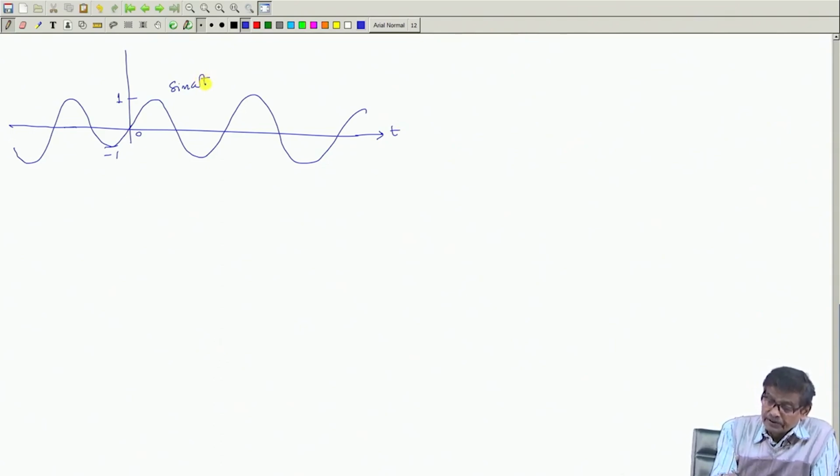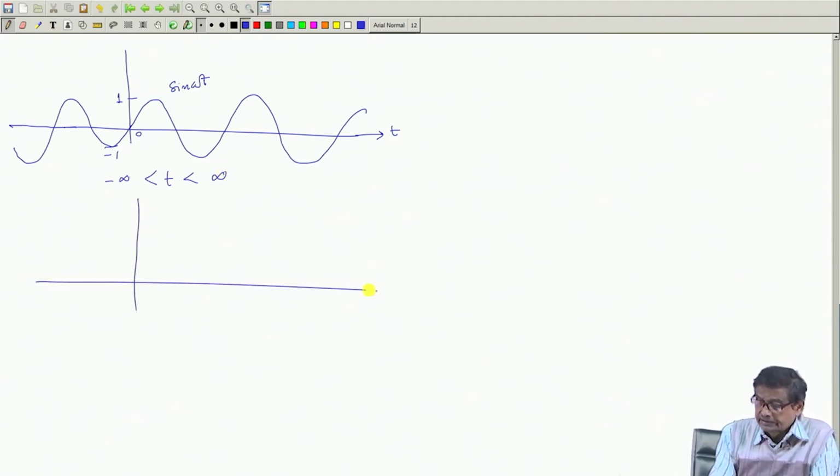But this is not causal, because here the function exists for all time from minus infinity to plus infinity. But suppose somebody asks you to sketch the signal sin omega t into u t, then he is going to sketch like this. Sin omega t u t will be like this.